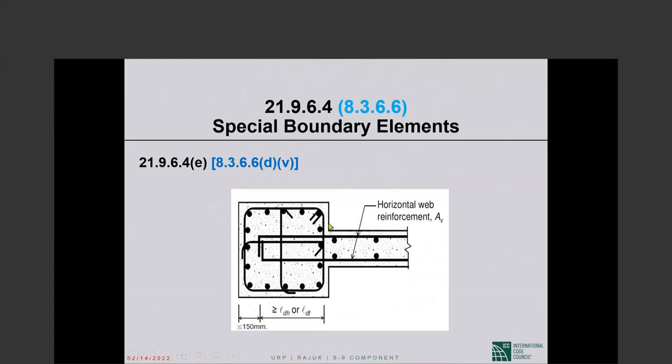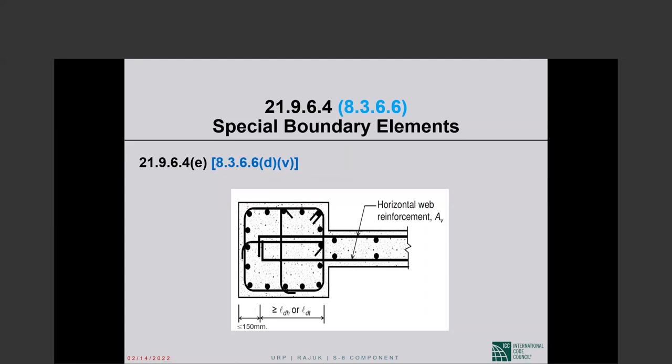From the face of the boundary element to the end of the hook, or if you want to be conservative, you take it from here to the end of the hook, has to be L sub dh for hooked bars, hooked bar development length, or L sub dt for headed longitudinal bars. So for the horizontal shear reinforcement to carry shear for you, it has to be properly anchored.